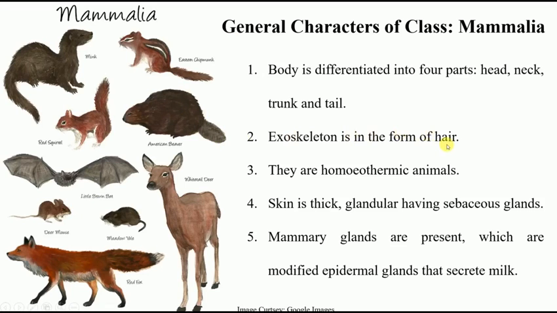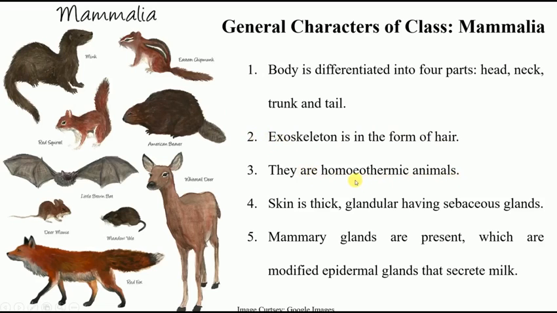You will find hairs all over the body, and these hairs act as an insulator for maintaining constant body temperature. All mammals are capable of maintaining their constant body temperature irrespective of the environmental temperature. Hence they are known as homeothermic animals.